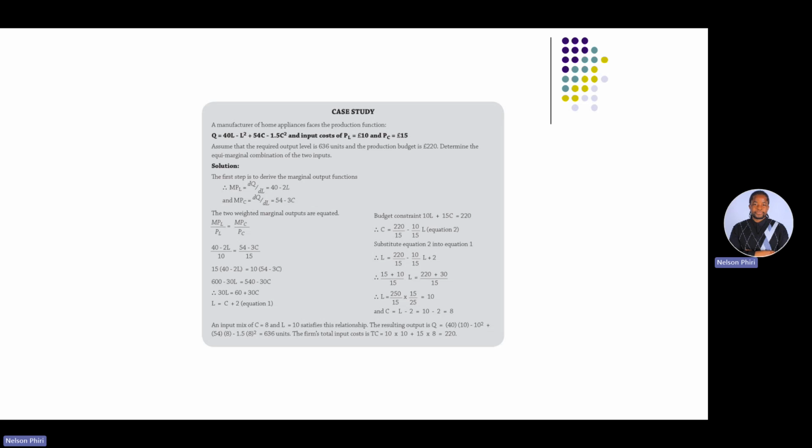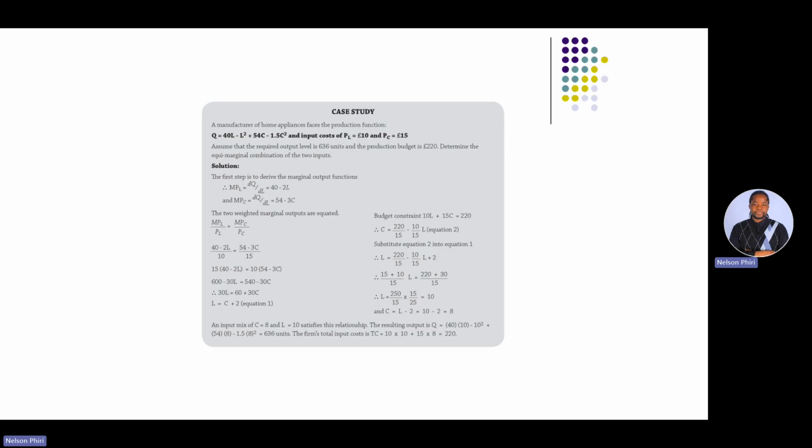Then you also have your budget constraint, because we are given that the production budget should not exceed 220. So 10, which is the price of labor, multiplied by L plus 15 multiplied by C, the price of capital, is equal to 220. So that is your constraint. So you solve those two simultaneous equations like you have been solving them throughout.